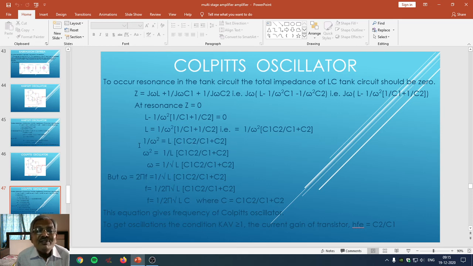Therefore, omega square is equal to 1 upon L into C1 C2 upon C1 plus C2. Therefore, omega is equal to 1 upon square root of L into C1 C2 upon C1 plus C2.